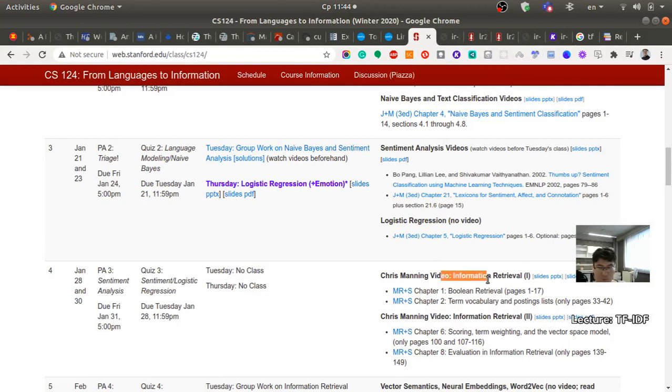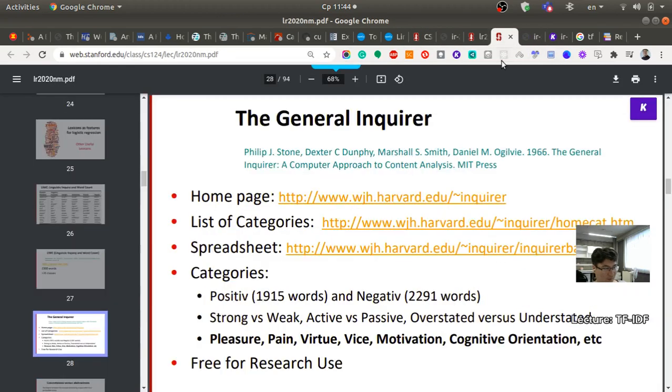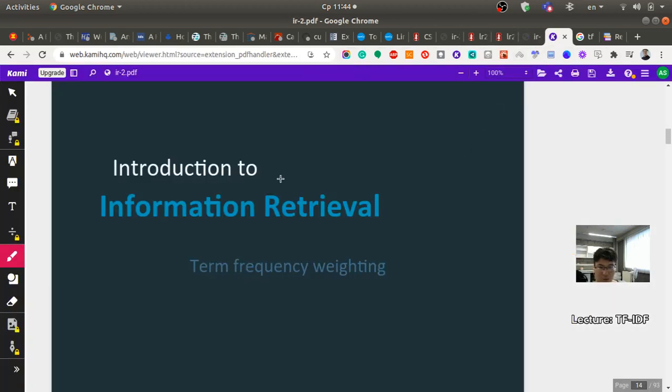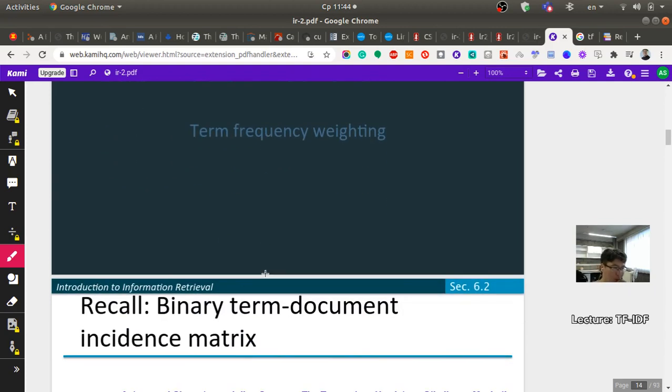I will go back to part 1 later on, but now we will start with this part. It is not from the beginning, it's from the middle. So we will go through the term frequency weighting.